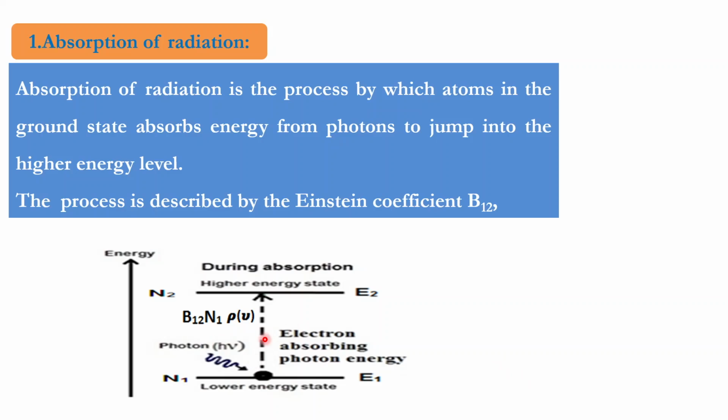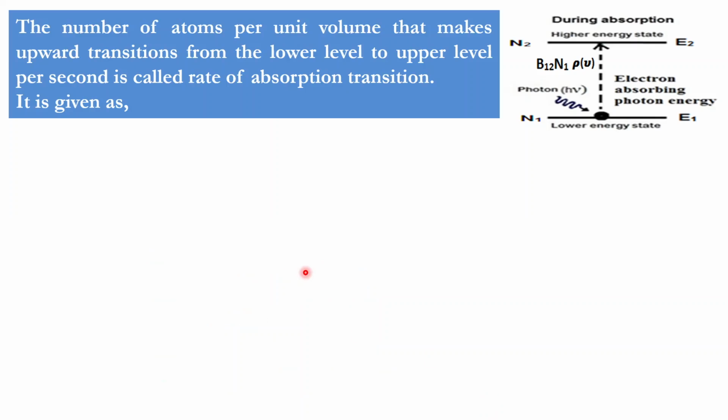In this diagram, this is the incident radiation having the energy equal to h nu. When it is incident on the atoms in the ground state, these atoms absorb the energy and go to the excited energy level, that means the higher energy level.